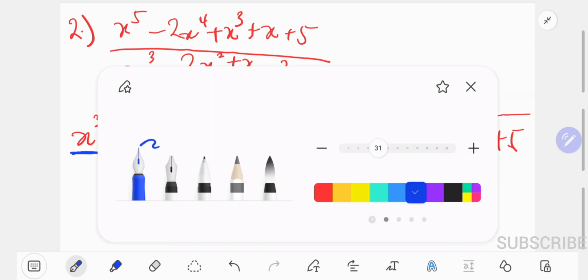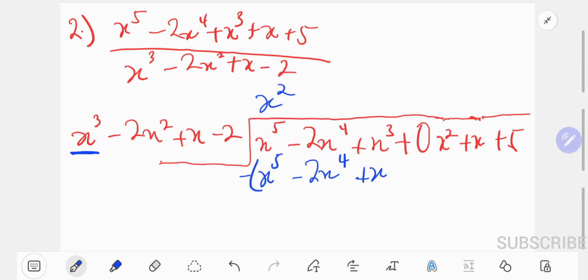Now back to our division, our multiplication as we were. So this x squared multiplies this x to give us an x cubed. Yep. Then x squared multiplied by minus 2 gives us minus 2x squared. Okay, so this is what we are having right now.